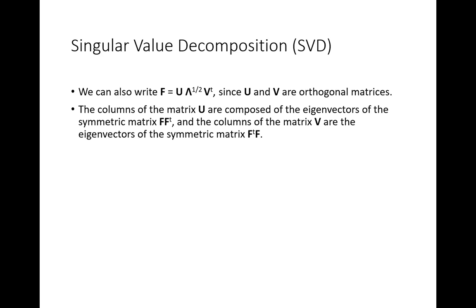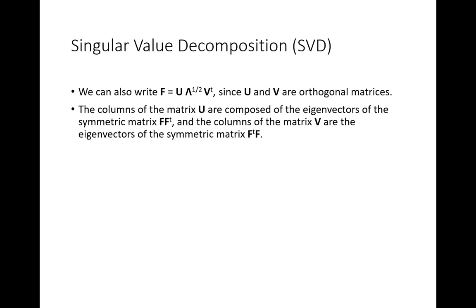Now, how do we form these matrices? That's what we are showing here. The columns of matrix U are composed of the eigenvectors of the symmetric matrix F F transpose.